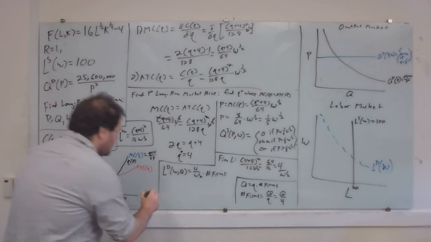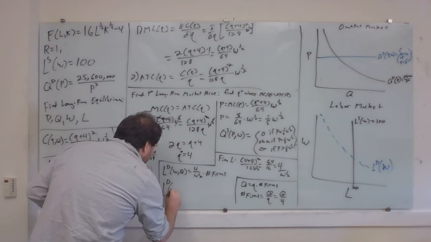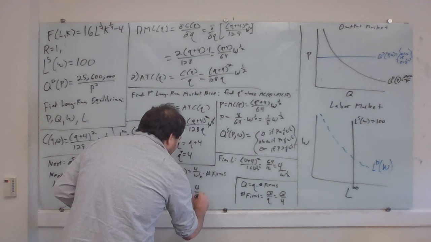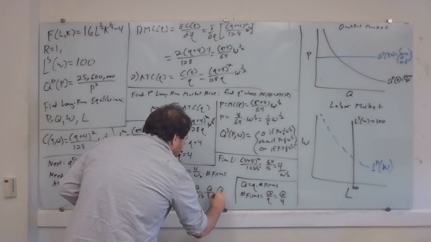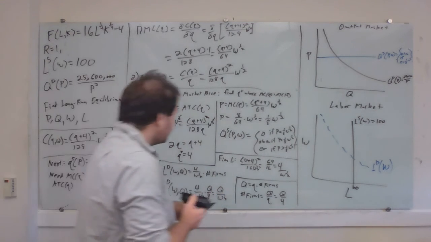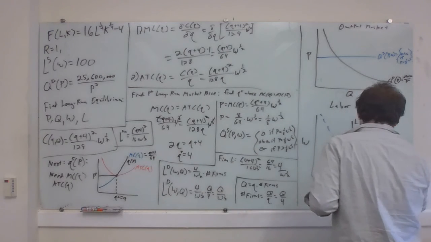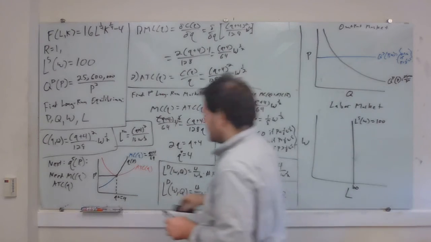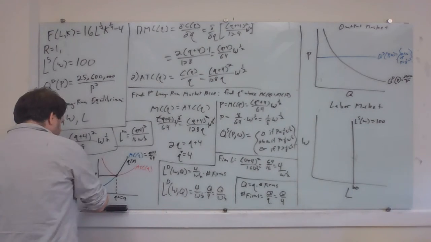This makes sense? So we can say that our labor demand for a particular wage and a particular level of output is going to be 4 over W to the 1/2 times big Q over 4, which of course is just going to be big Q over W to the 1/2. So over here, I now have a solid start as well.